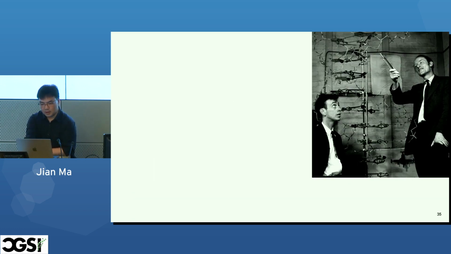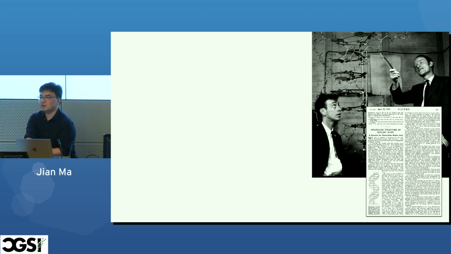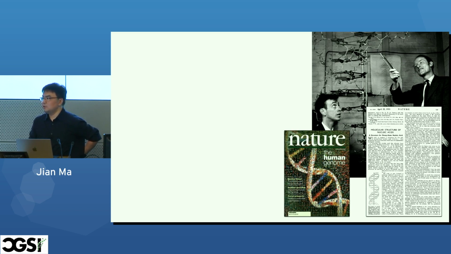So to summarize, this year actually marks the 70th anniversary of the publication of the DNA double helix, which was published in 1953. And over 20 years ago, the draft human genome was published.